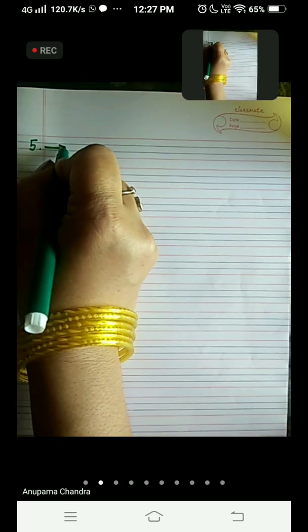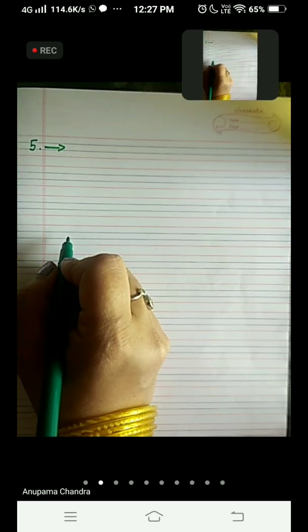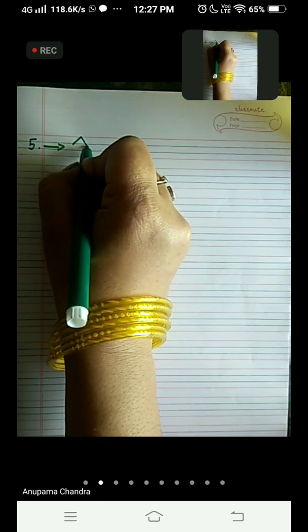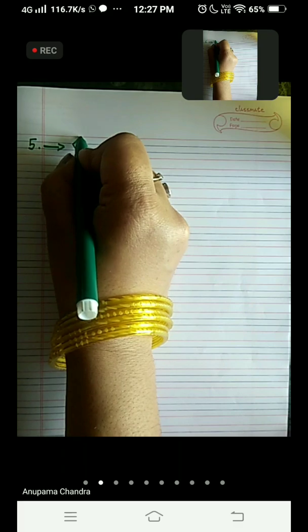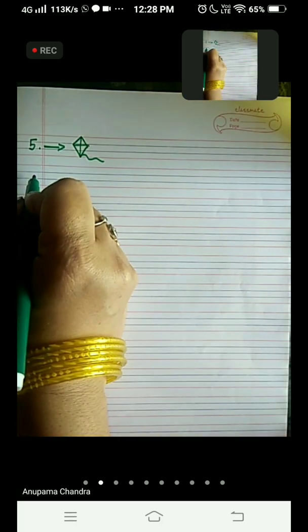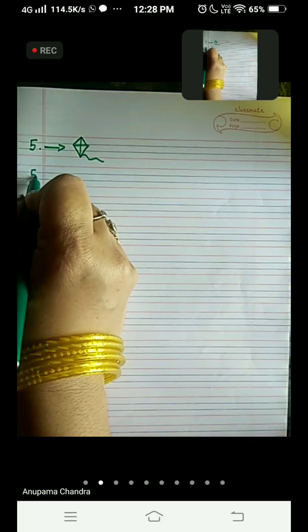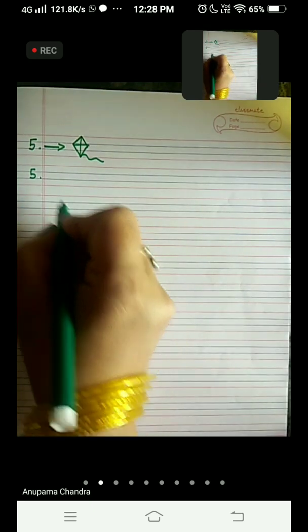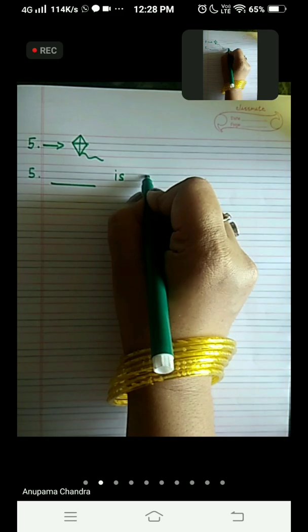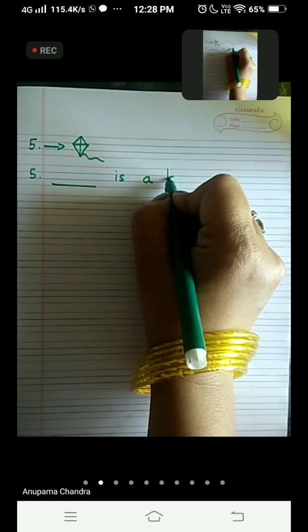I took a new page for writing number 5. Draw an arrow and we are going to draw a kite here. It is easy to draw. Okay? And the question is, dash is a kite.